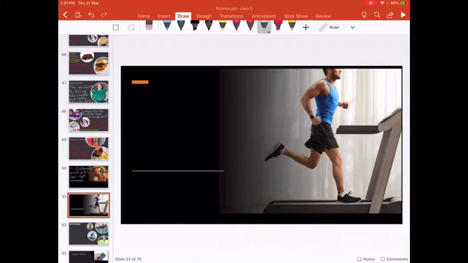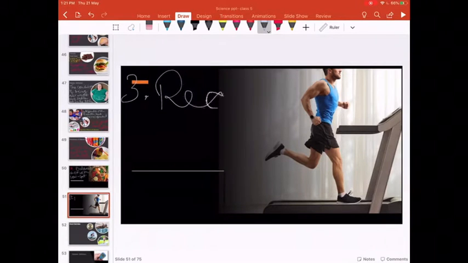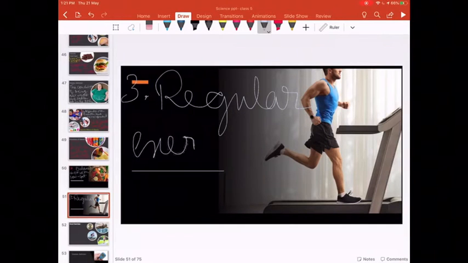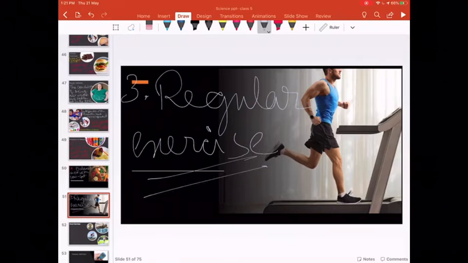And the third way of preventing obesity is regular exercise. Students, you must start exercising from now.